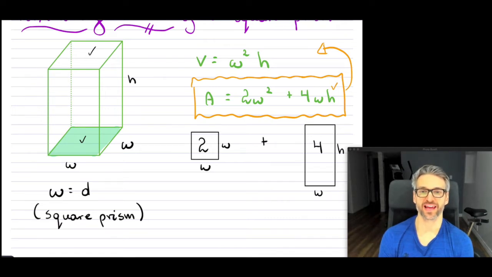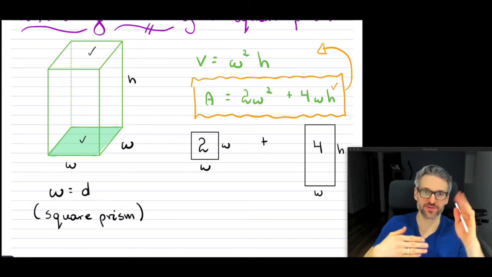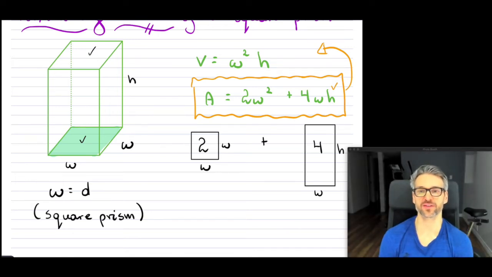And here you're going to see exactly the same thing. If you want to maximize the volume of this square prism, you will see that all the sides are the same, meaning your width is going to equal your depth, and it's going to equal your height. If those three are the same, you actually have maximized the volume.